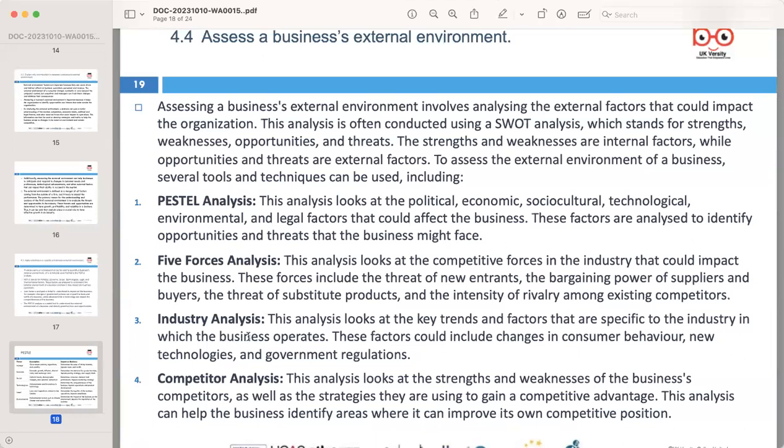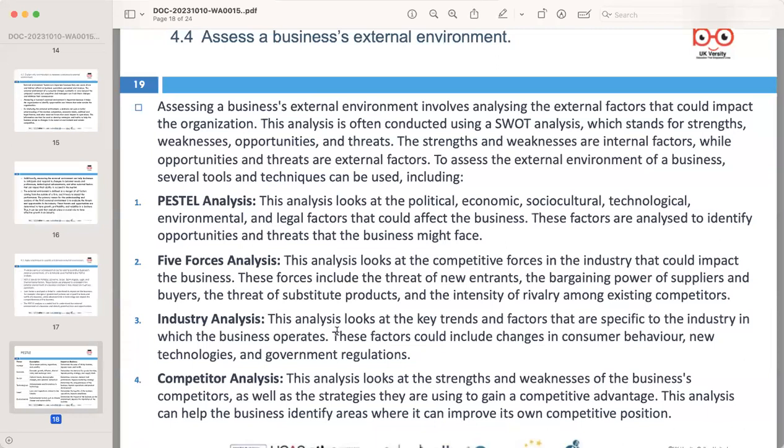Then industry analysis. This analysis looks at the key trends and factors that are specific to the industry in which the business operates. These factors could include changes in consumer behaviors, new technologies, and government regulations.